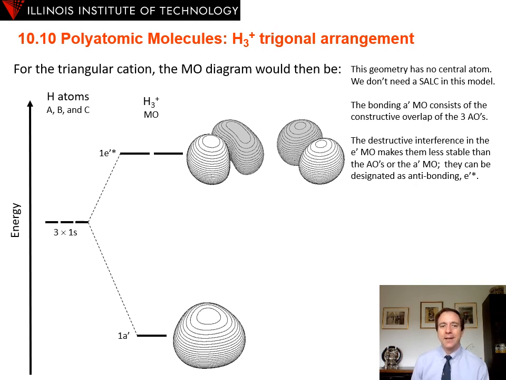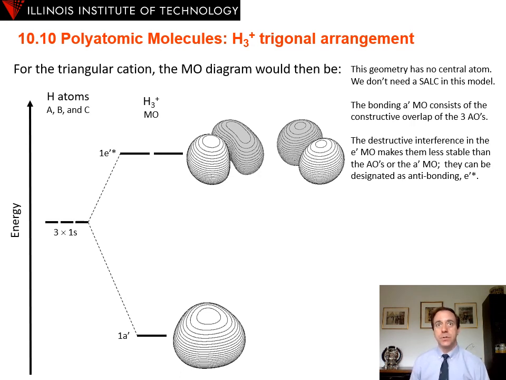So that's 1e' star. And notice that's 1e'. It's not 1 and 2 because they're degenerate. They're at the same level. They're just referred to as the e' orbitals. Just like we talk about the pi orbitals. Even if there's two of them at the same energy level, it's still the 1 pi orbitals and then the 2 pi star anti-bonding orbitals, which we saw from our diatomic molecules.